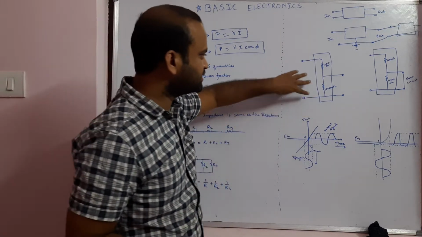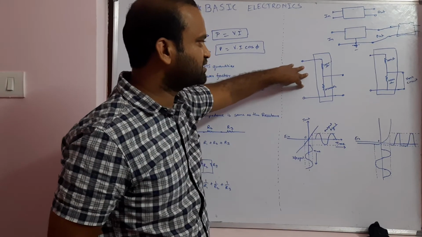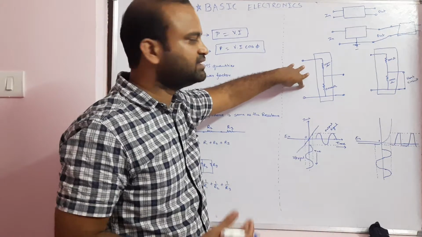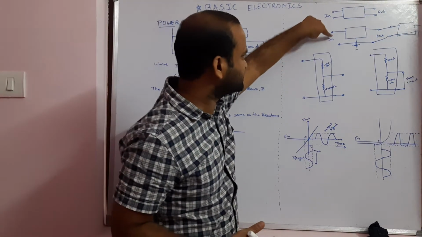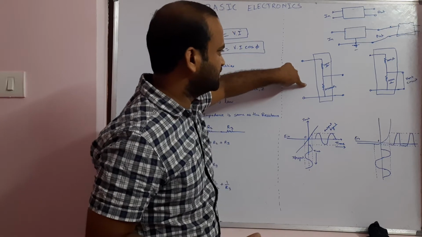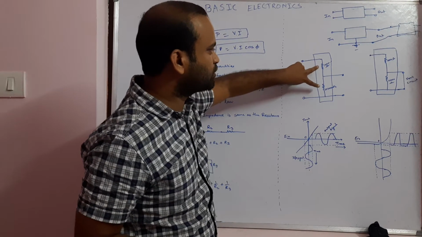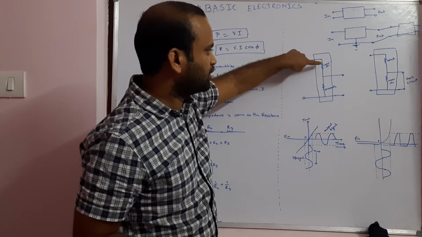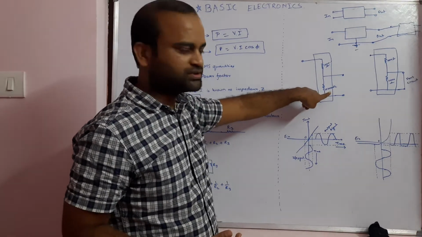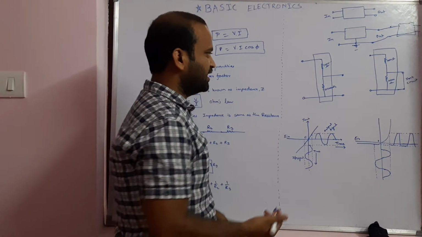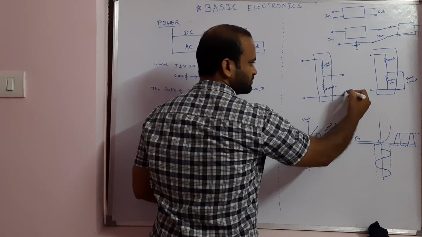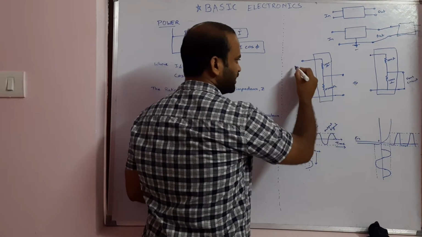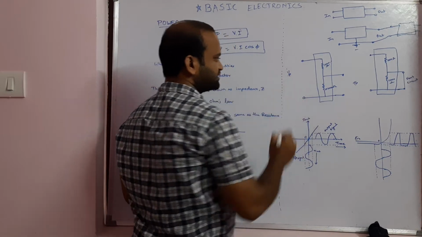Now let us consider these two circuits. We need to understand how the interaction between these circuits happens. For example, if this system is this, and internally we have two resistance values, 1000 ohms and 10,000 ohms connected in series, and we have an output defined at this terminal and an input defined at this terminal.